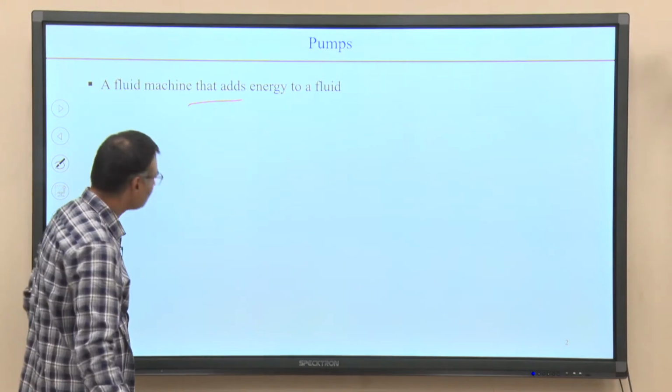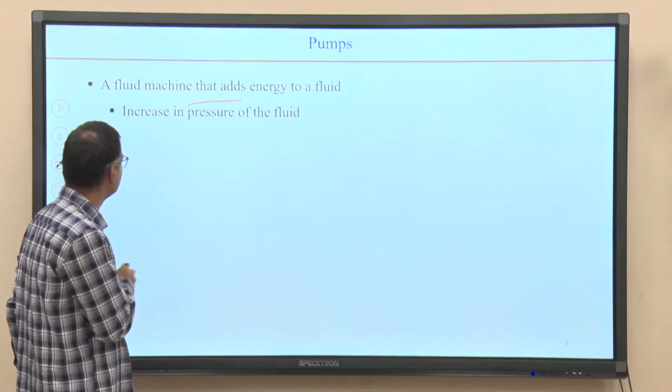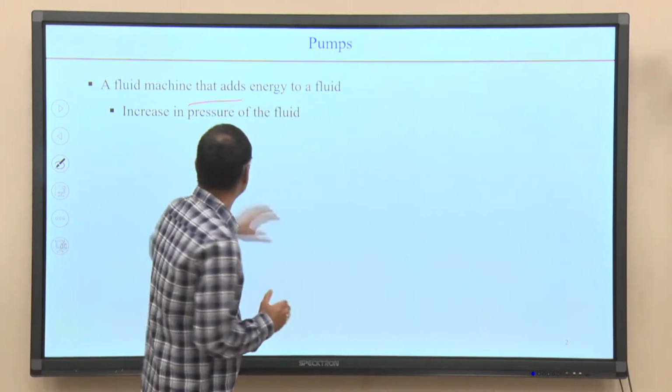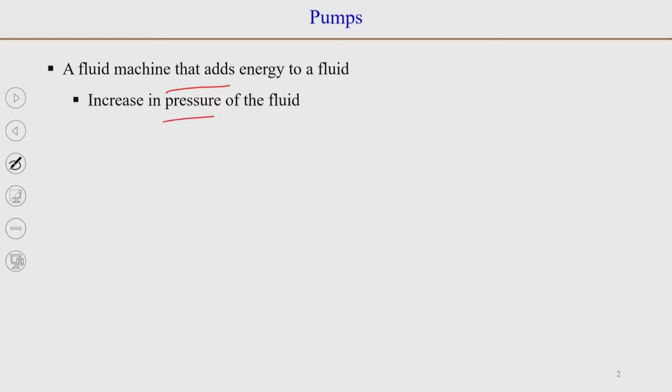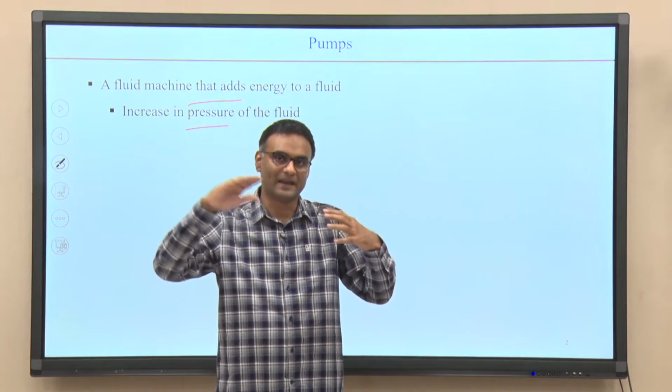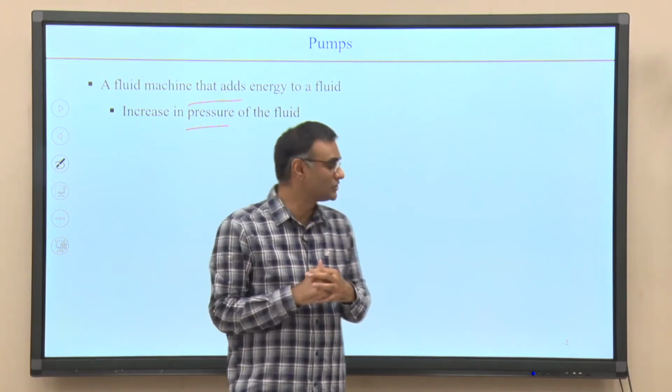Pumps add energy to the fluid, and that addition in energy comes with an increase in pressure of the fluid. The flow rate at the inlet and outlet of the pump will be the same. There will be a change in the velocity of the fluid, but then it will come back to the original velocity.